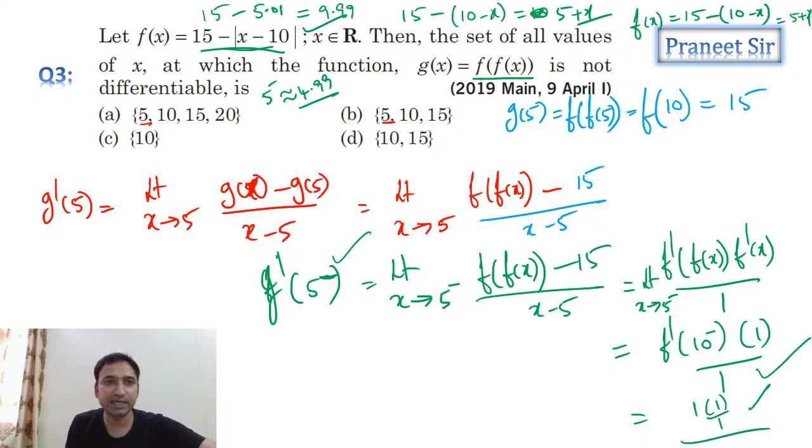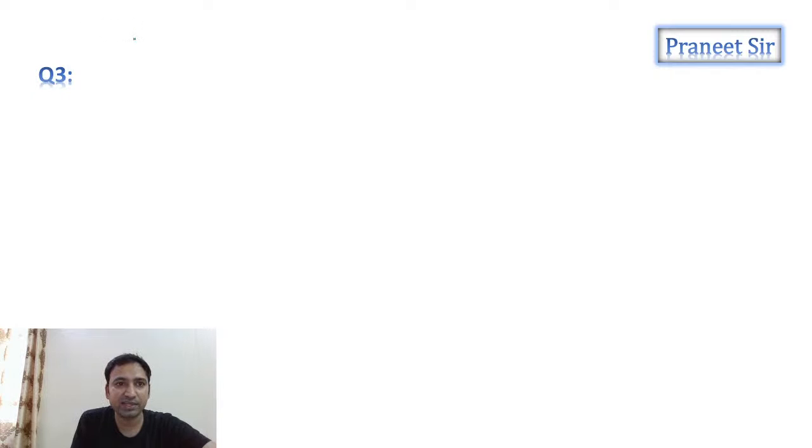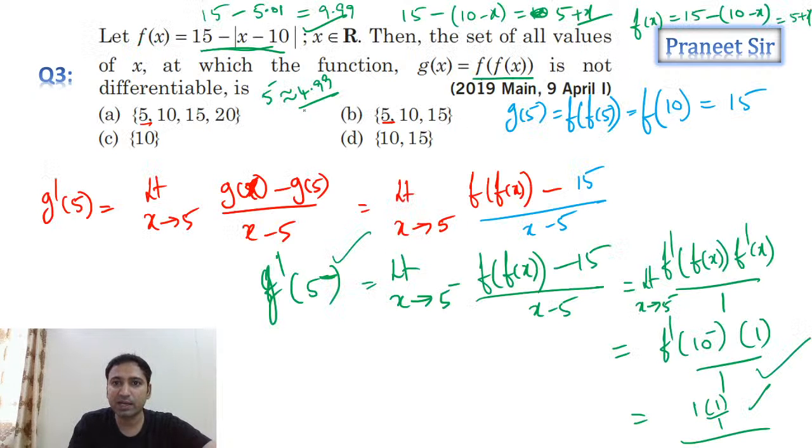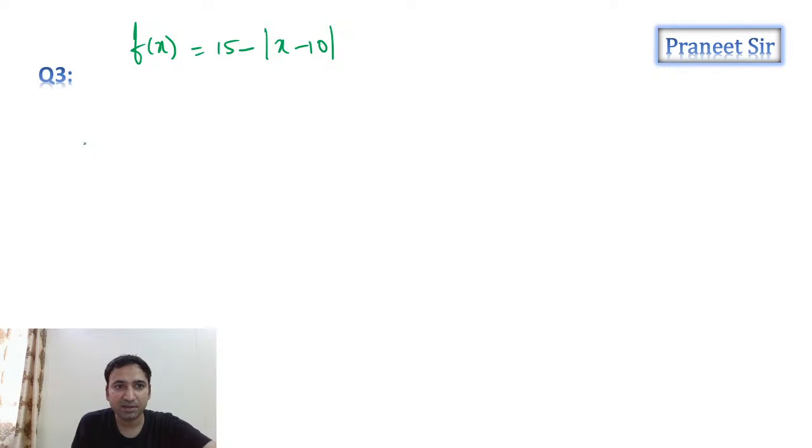So what we'll do is take f of x, which we got as 15 minus |x minus 10|. This is what was given, and we need to calculate f of f of x.